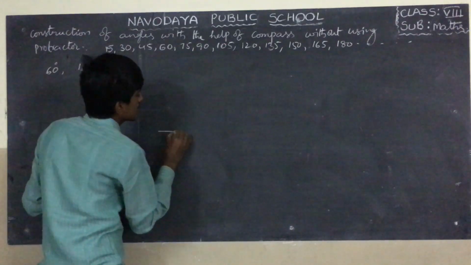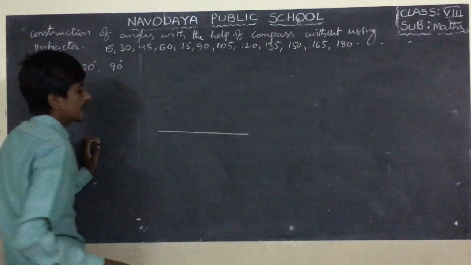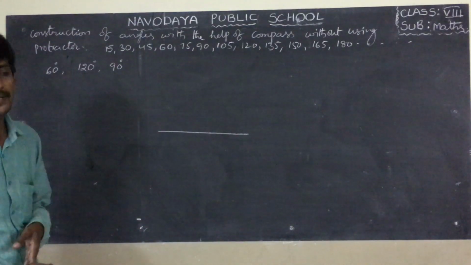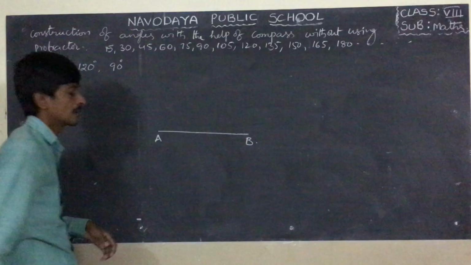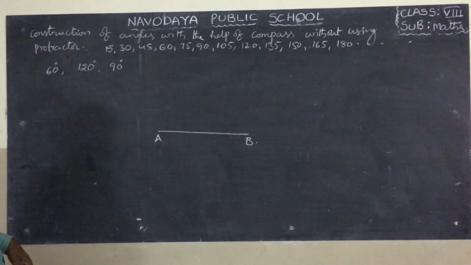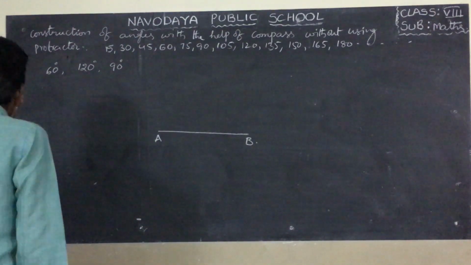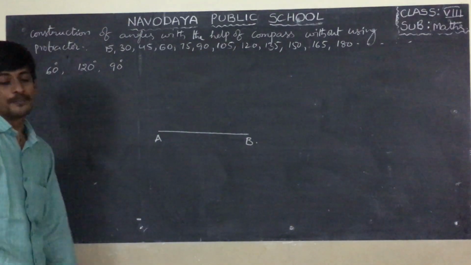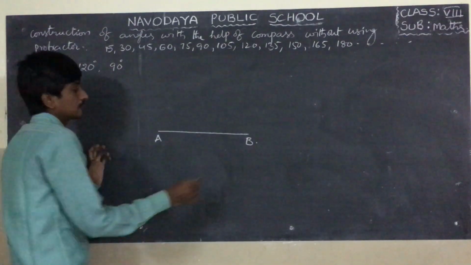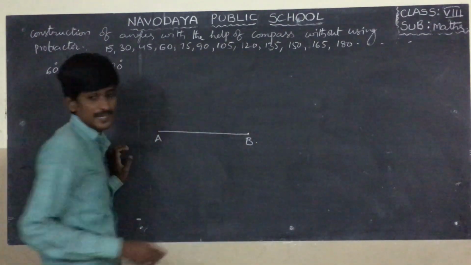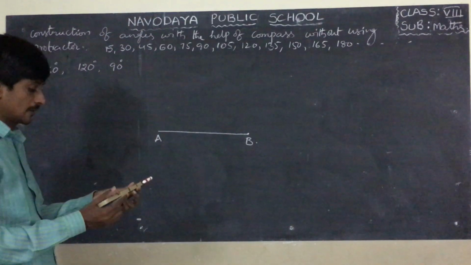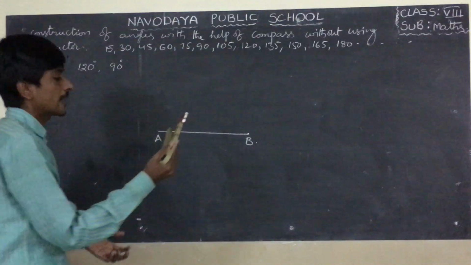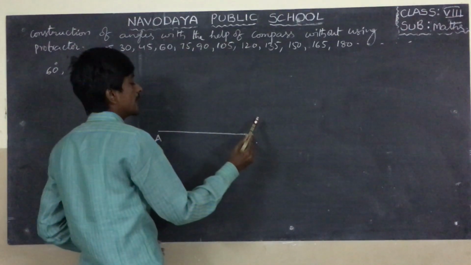First, take a line segment AB. With B as center, take some radius.